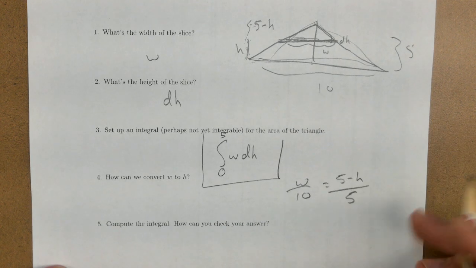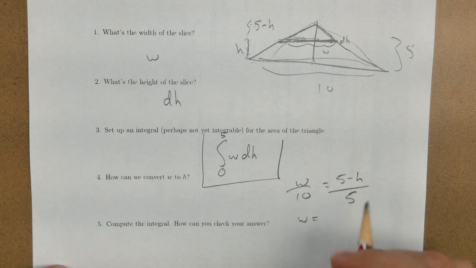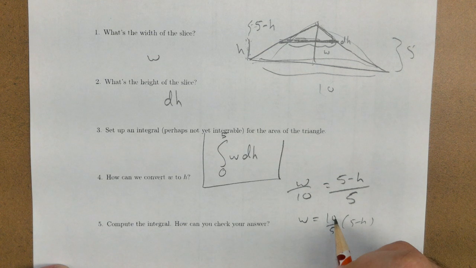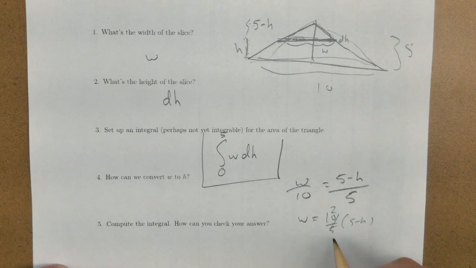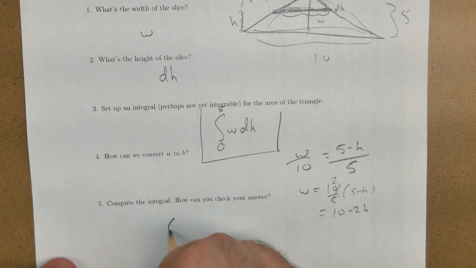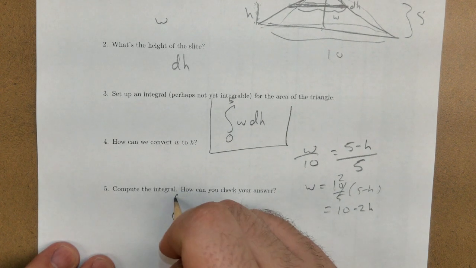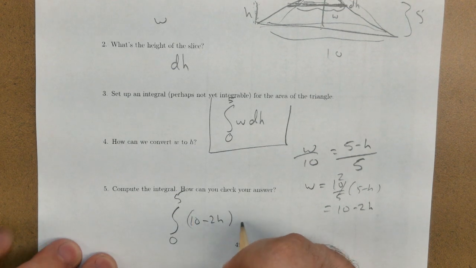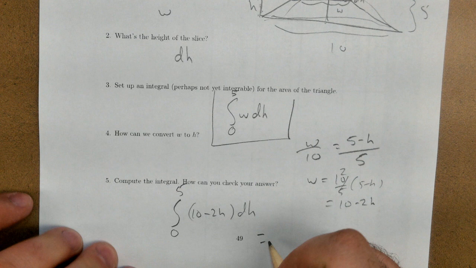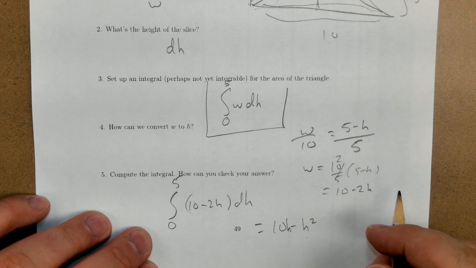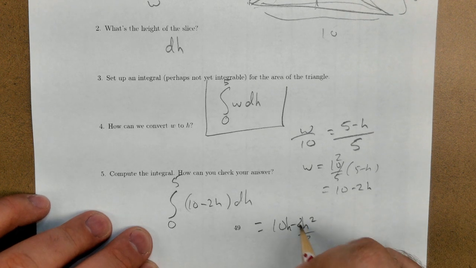Okay, well, I can solve that for W. So multiply the 10 over, that becomes a 2, and I have 10 minus 2H. Okay, so I should integrate this, and I'll go ahead and do it out. And then how can I check my answer here? Okay, so I'm going to get 10h minus h squared, because it's 2h squared over 2. The 2's cancel. Those go away.